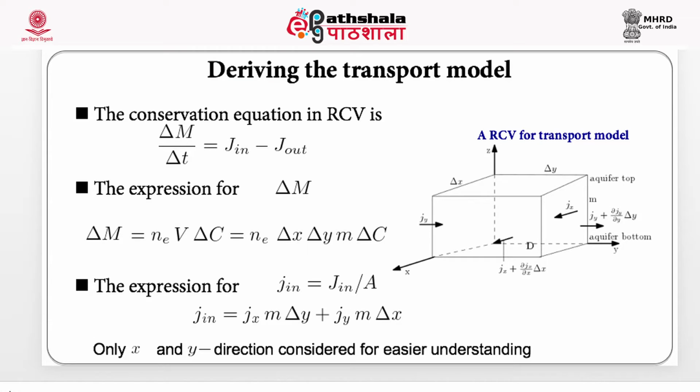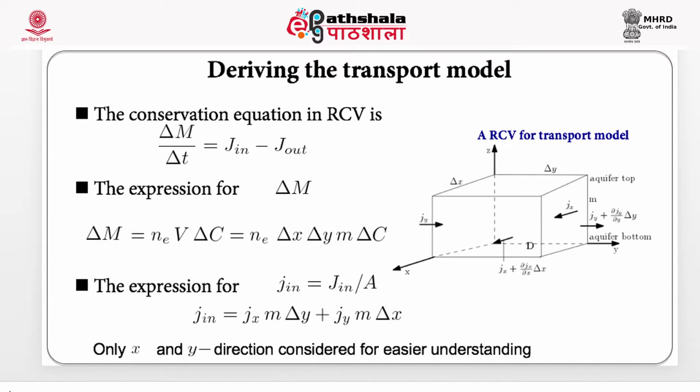Now, to derive this mass transport model, we'll have to come up with the expression for each of these terms in the conservation equation, as we also did in the flow model derivation. Let's start with the expression for delta M, or change in mass in the model aquifer.